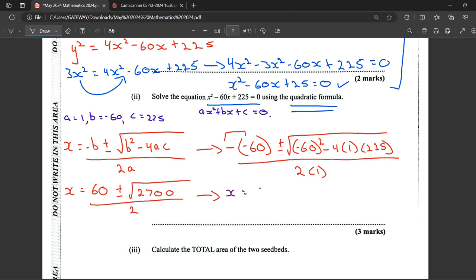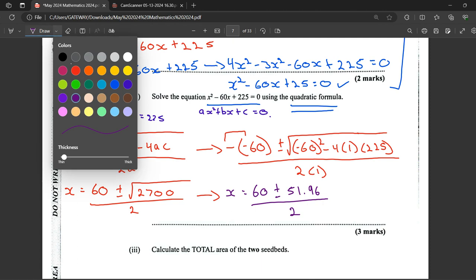Alright, so x is going to be 60 plus or minus the square root of 2700, which is basically 51.96, all over 2. Well, now I can find x1, right?